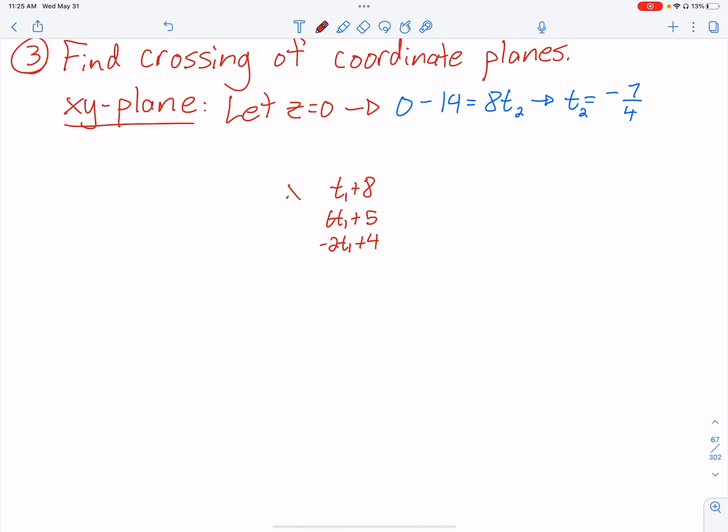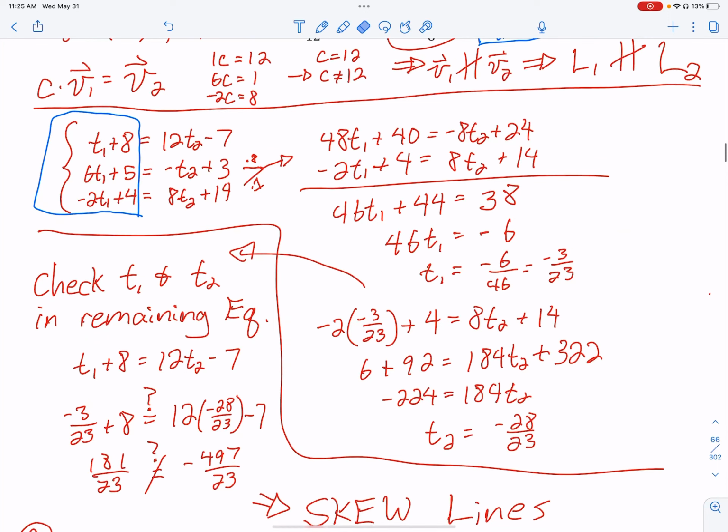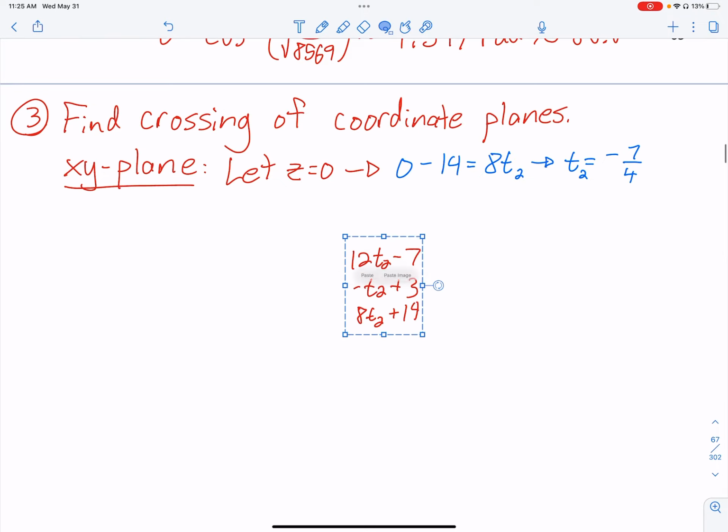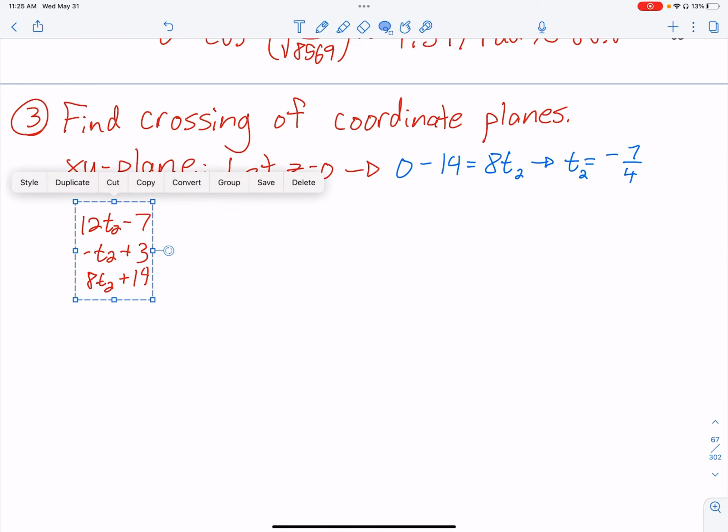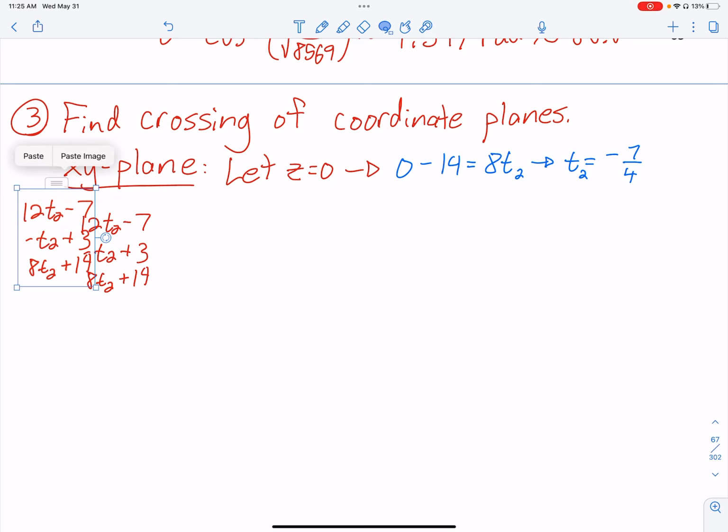This was x equals that. Oh, I grabbed T1. I meant to grab T2. Okay, let's do that again because we're dealing with L2. So L2 was this side, so I'm going to grab that. This was solving each equation. So this is x equals, y equals, z equals. That was that line. And we're letting z equal 0, and then we're plugging in T2, which is negative 7/4.